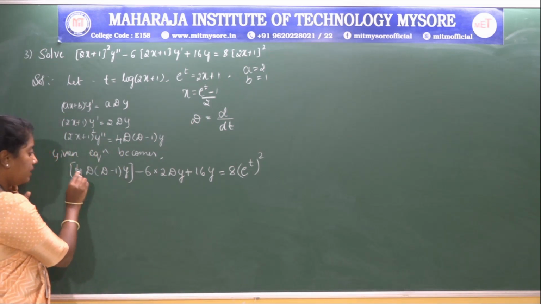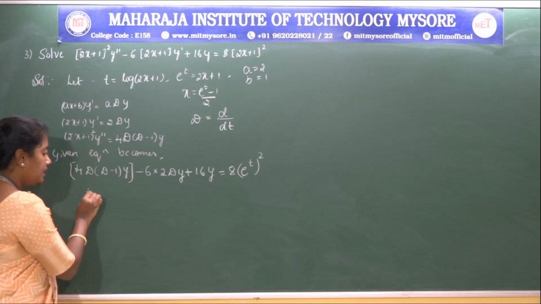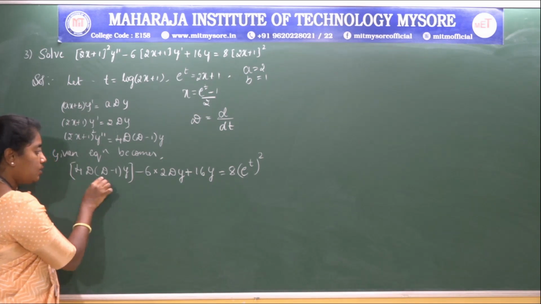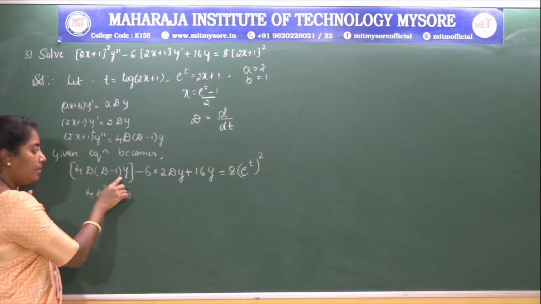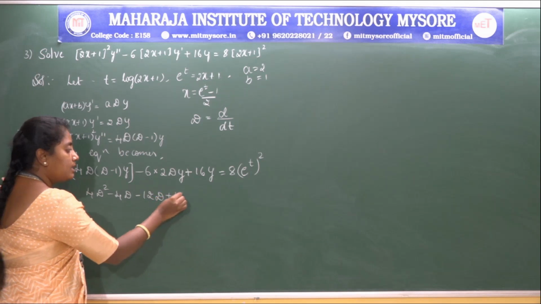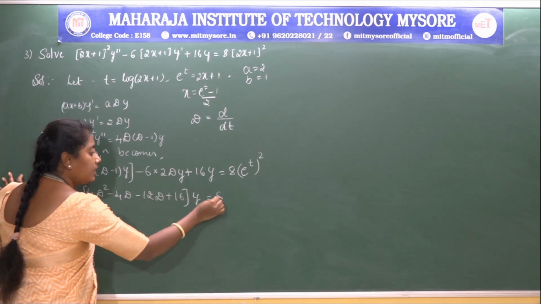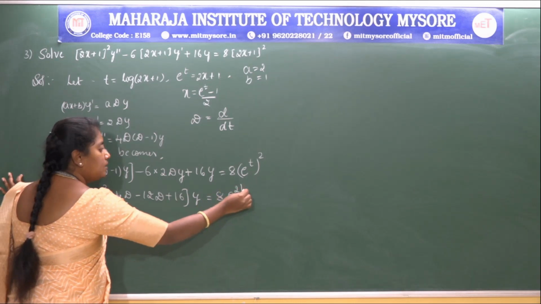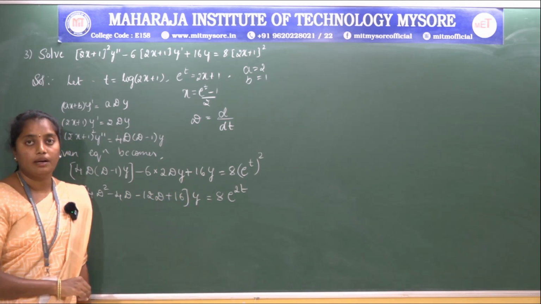Simplifying this again, we get 4D. y is the common term in all the three elements. The remaining terms are (4D^2 - 4D - 12D + 16) y, which is equal to 8 e^(2t).